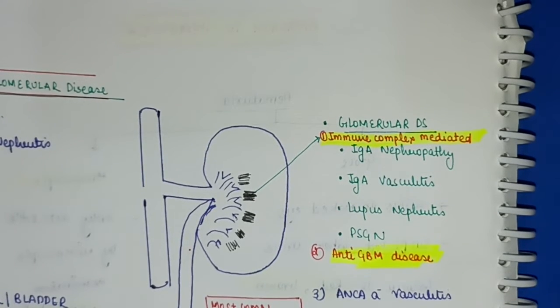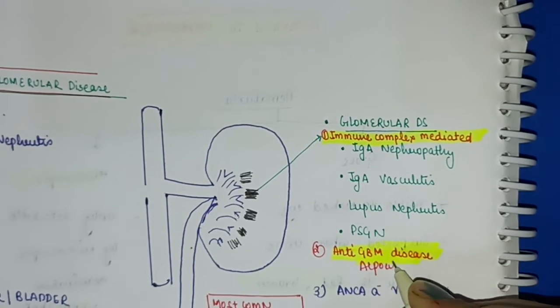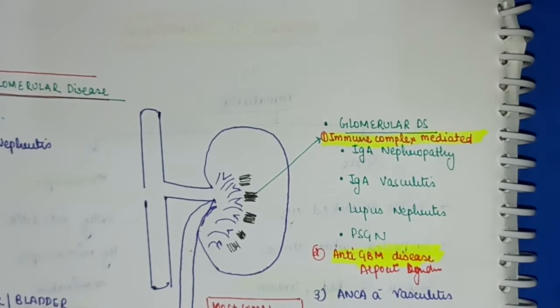Alport syndrome can present as hematuria. In Alport syndrome, a child will present with sensorineural hearing loss and renal involvement and can have hematuria. You can make a diagnosis of anti-GBM disease or Alport syndrome.